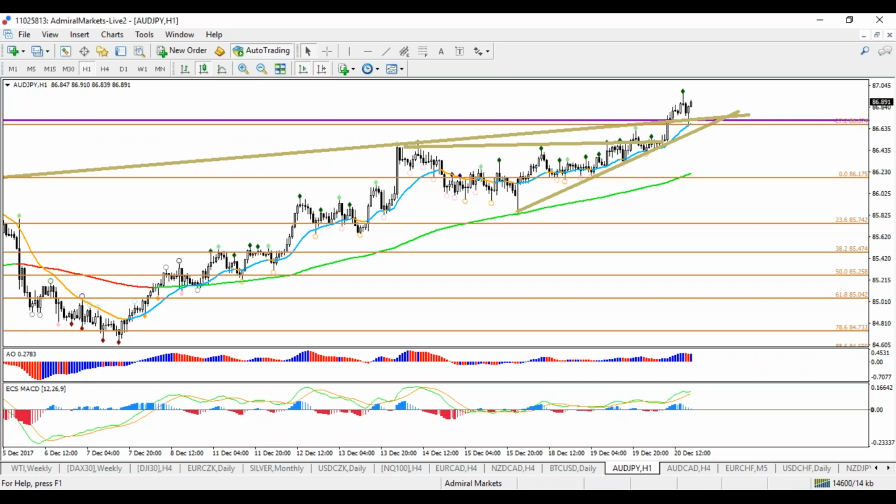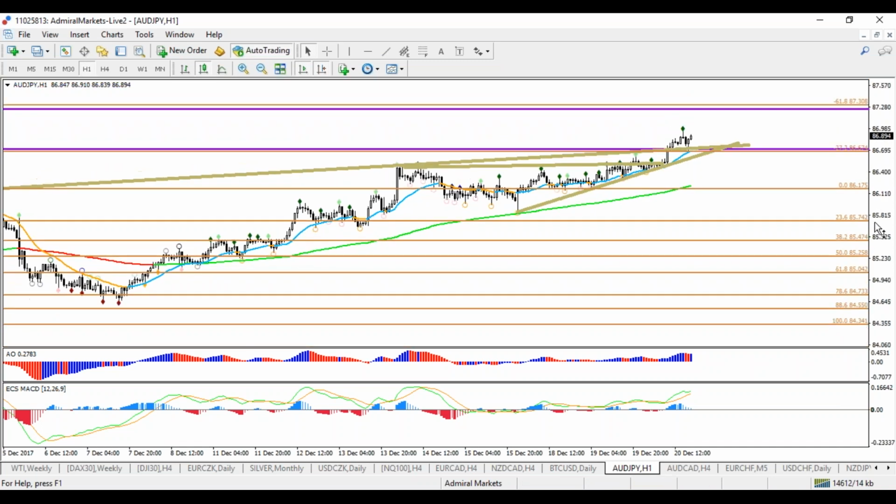So my bias: if dollar yen does bounce at my 78.6 fib to the downside, then it could drag odd yen too, or it could happen after it hits the minus 61.8 fib and moves down. So odd USD upside looks a little bit better to me than odd yen in my view.